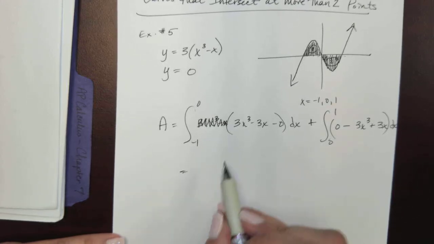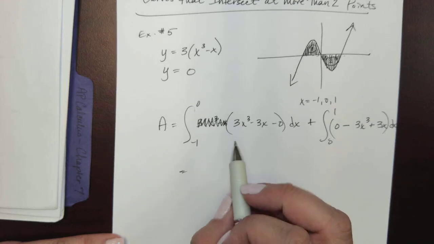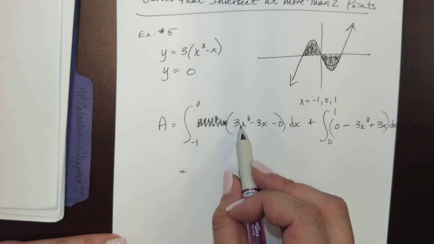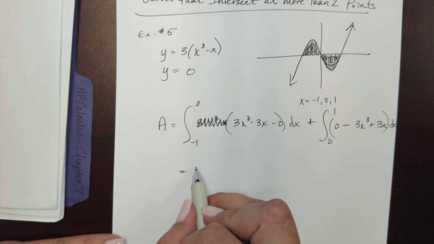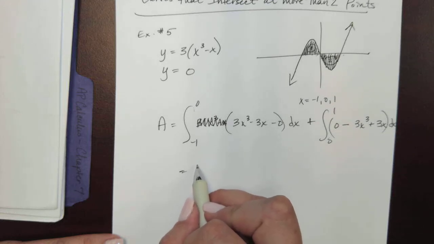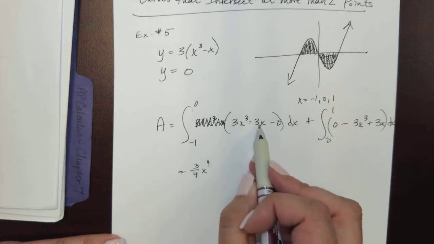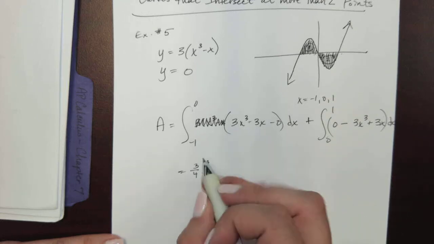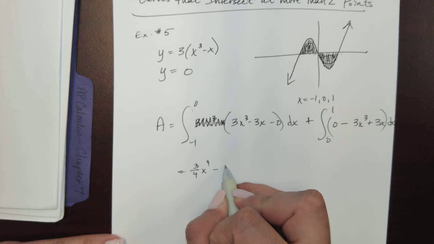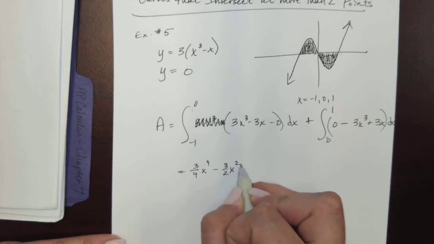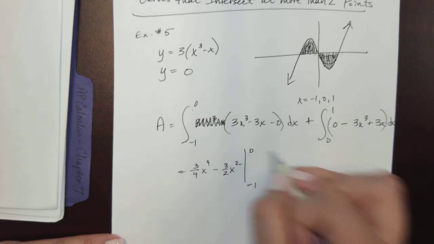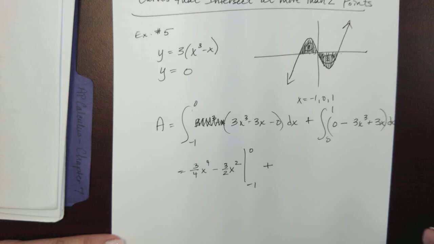So this integral becomes what? If I integrate 3x cubed, what does that become? 3 over 4 x to the 4th, minus 3 over 2 x squared, evaluated from negative 1 to 0, plus.